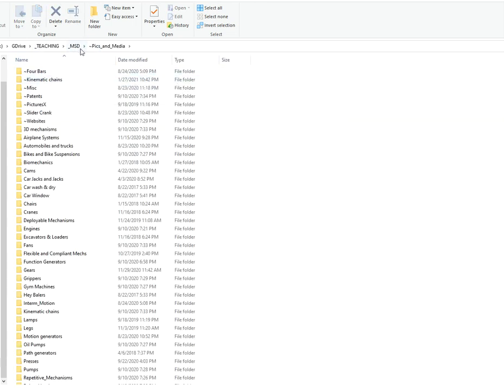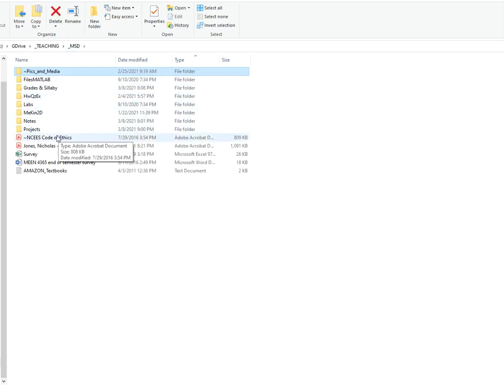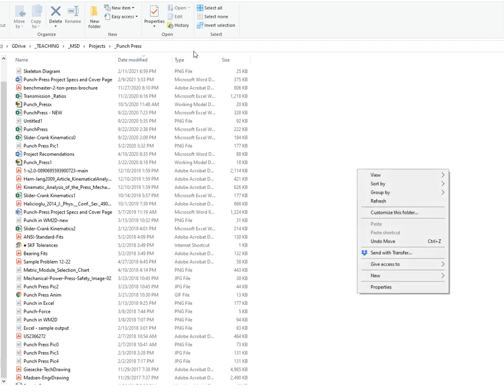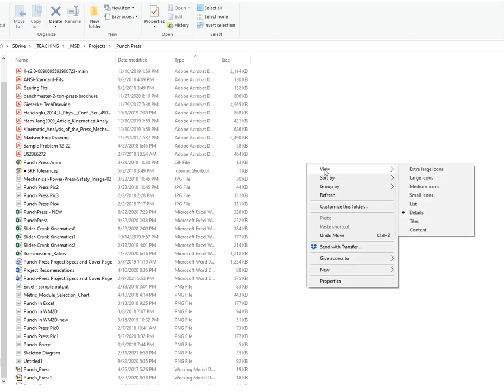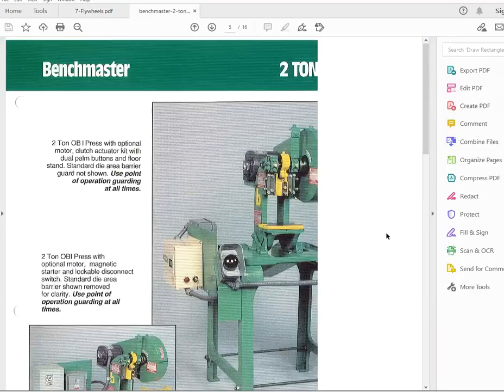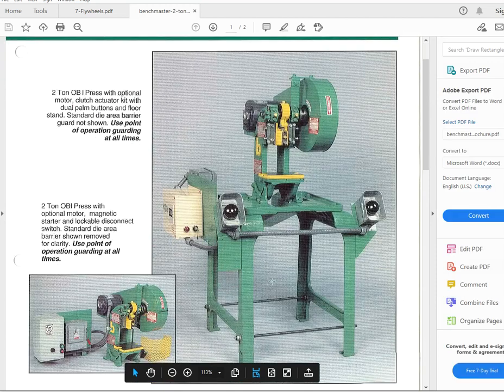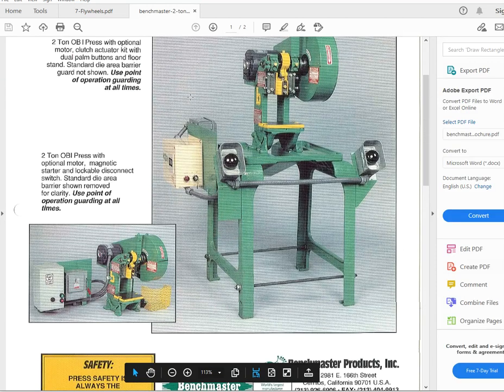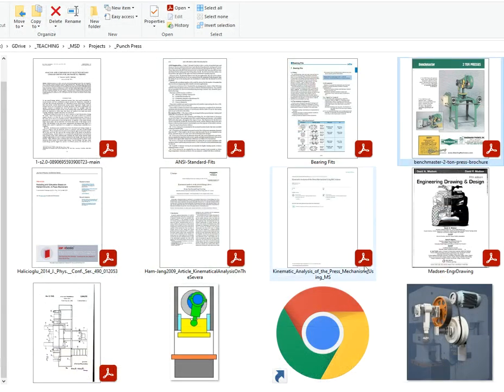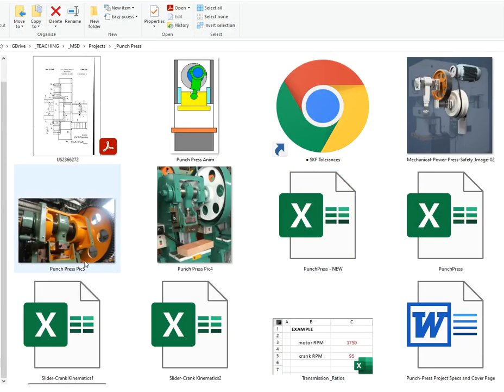So let's see, MSD, and there will be projects and punch presses and type and extra large icons. So I found there's a small press. Let's see, close all tabs, and some additional images. So what I was trying to say is, look at the motor.